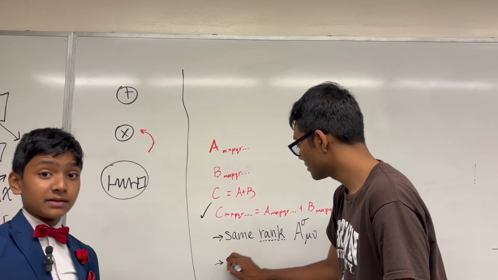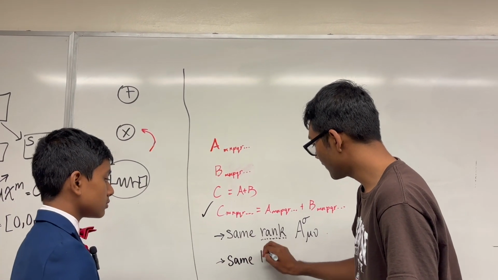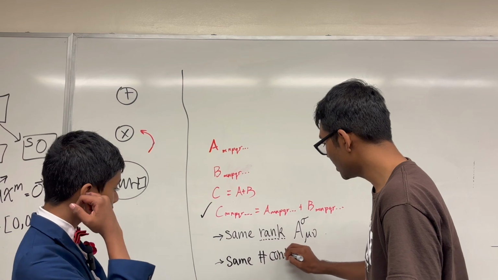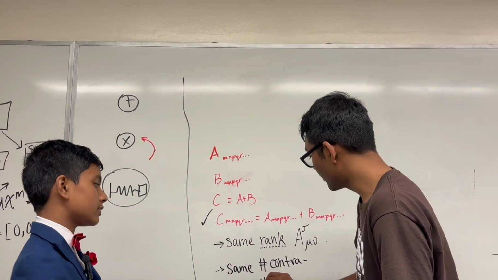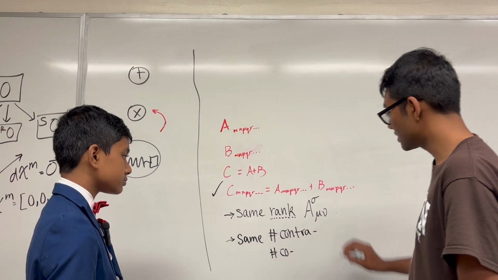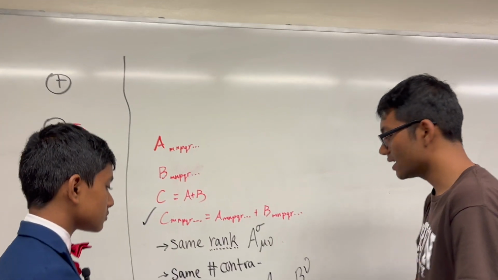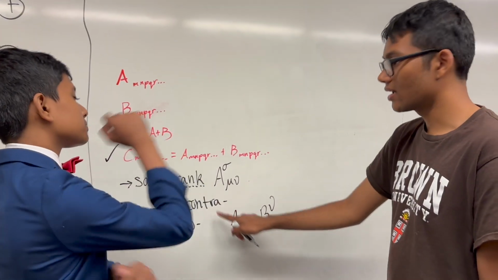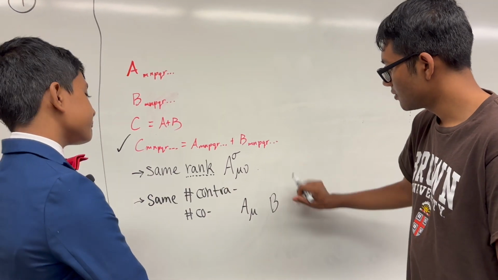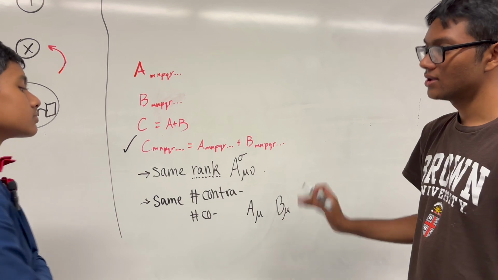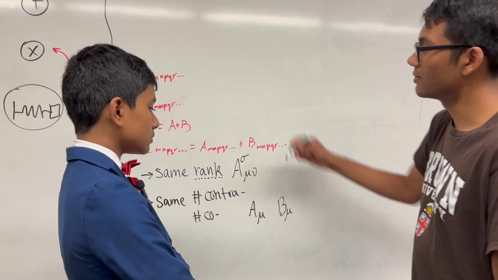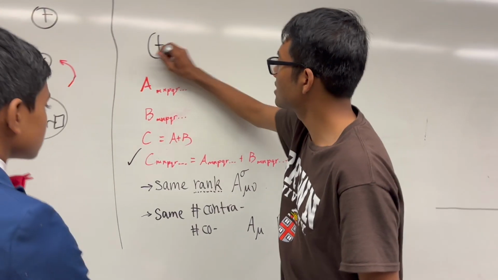And they have to have the same number of contravariant and covariant indices. For example, even though these two tensors have the same rank, they don't have the same number of contra and covariant indices. But these two tensors do. So only now can you add them. So this is tensor addition.